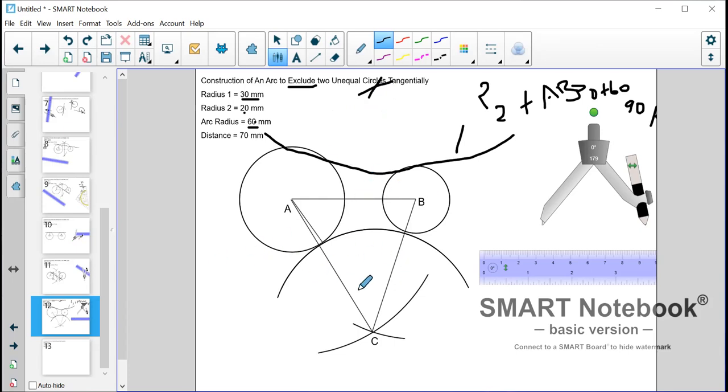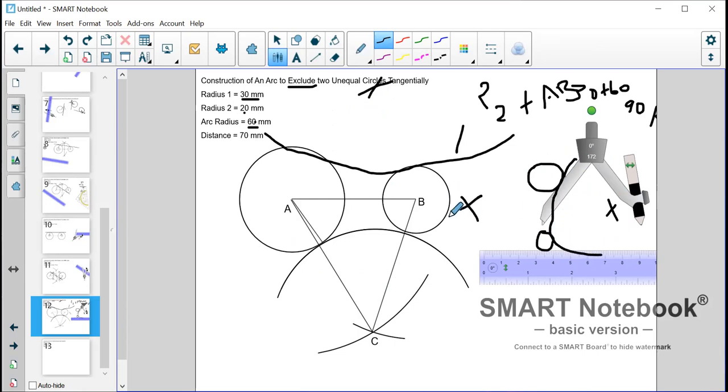That's basically the only variation, except if you have to do it in a vertical manner like this, where you find the center somewhere there, and you have the arc touching something like that. Or you find the center on the left-hand side, and the arc would come somewhere like that. So that's the only variation as it relates to this construction.